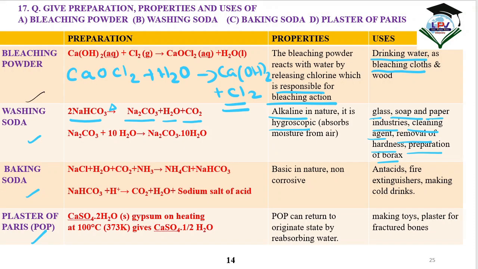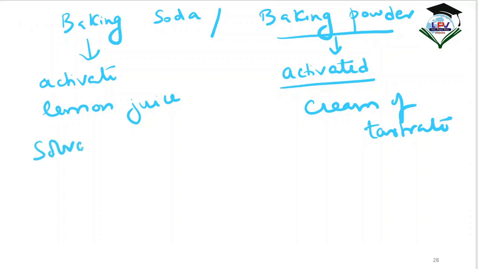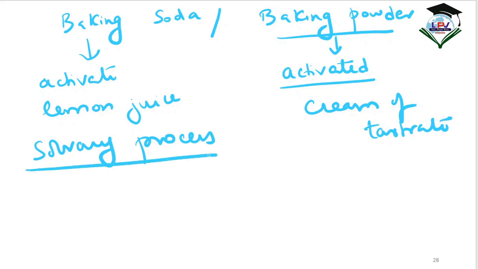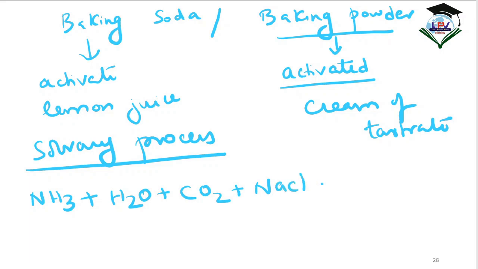Baking soda is prepared by the Solvay process. Here you take ammonia, water, carbon dioxide, and NaCl. It gives baking soda.